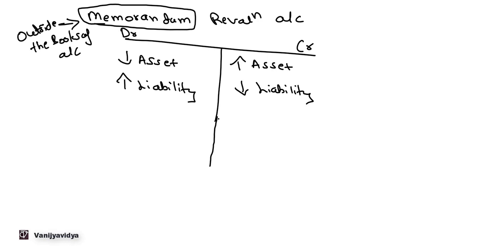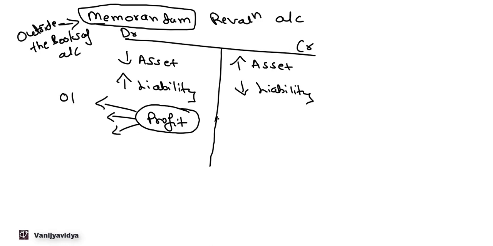Then whatever is the profit or loss because of revaluation, if there is a profit on the revaluation, this profit will be distributed among all the partners, that is the old partners, in the old profit sharing ratio.